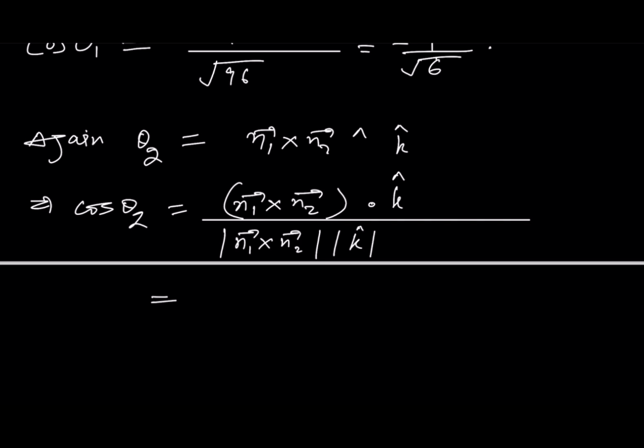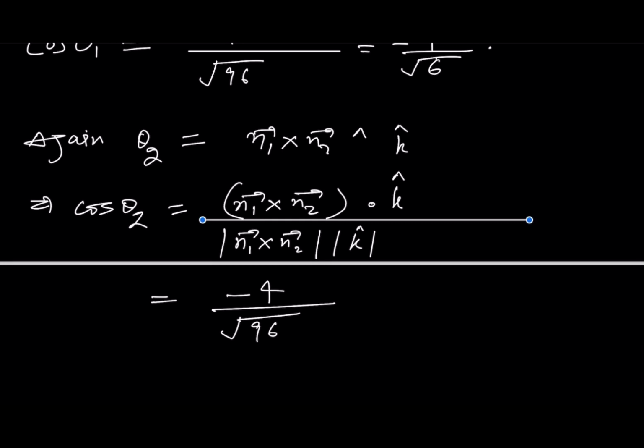So it is the same: minus 4 i cap plus 8 j cap minus 4 k cap dot k cap, which is minus 4 upon root over 96.